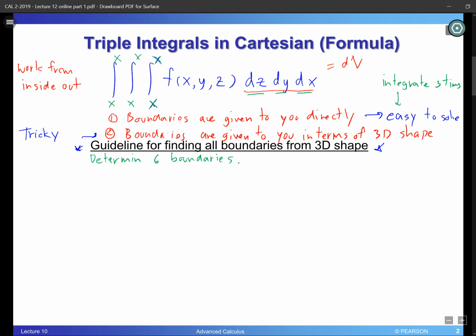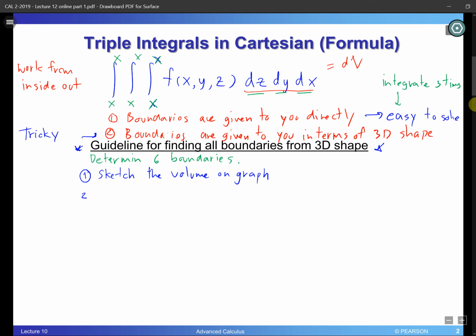So, first thing you need to do for this scenario 2, always sketch the volume. You need to sketch the graph. Without seeing the shape, without knowing what it looks like, it's impossible to perform the integration. You don't know where the boundaries are, so sketch it. Right?